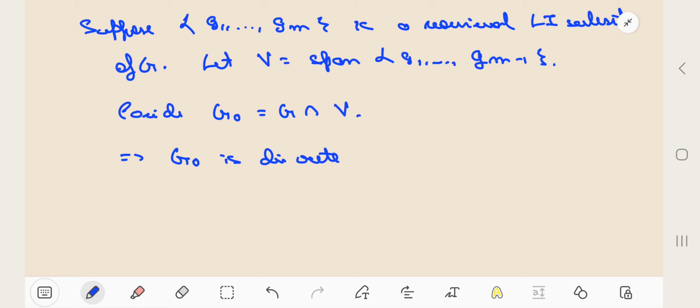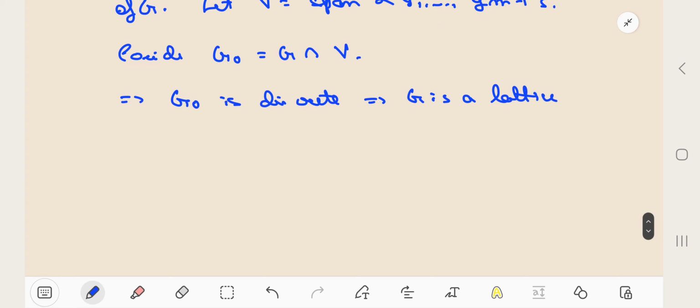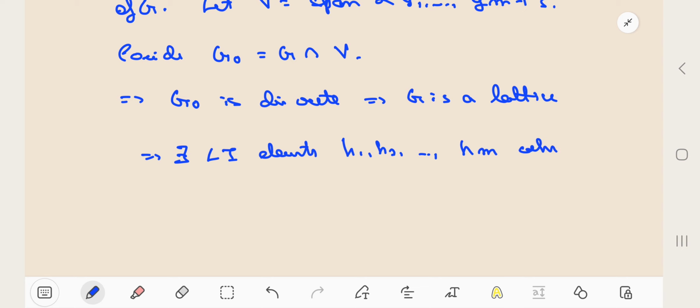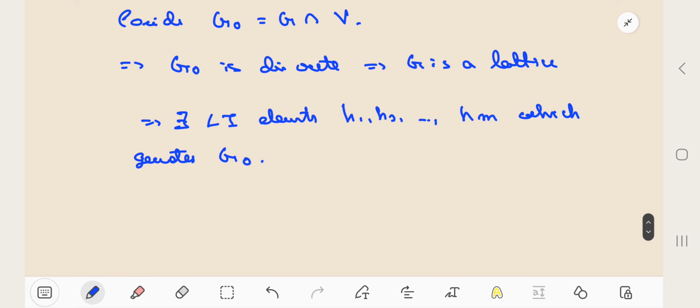But if G_0 is discrete, then by our induction assumption G_0 is a lattice, and this implies that there exist linearly independent elements h_1, h_2 till say h_m, which generate G_0. But see, V is a vector subspace which is spanned by the elements g_1 till g_{m-1}, and g_1 till g_{m-1} is linearly independent because g_1 till g_m is linearly independent, right?